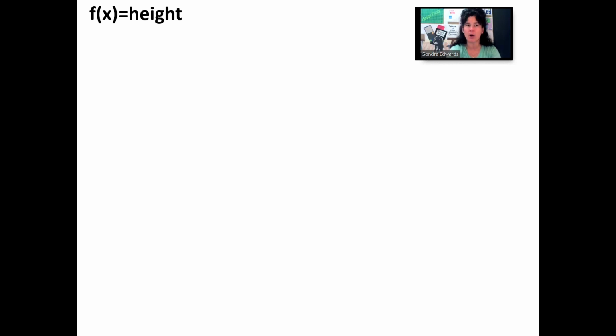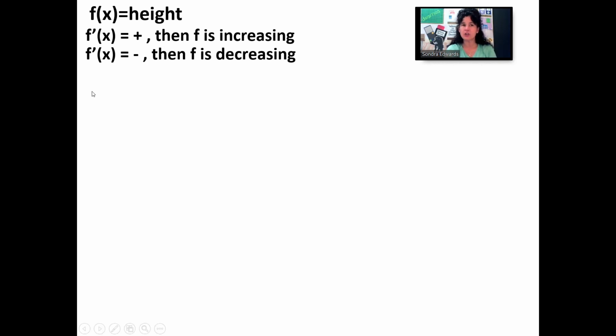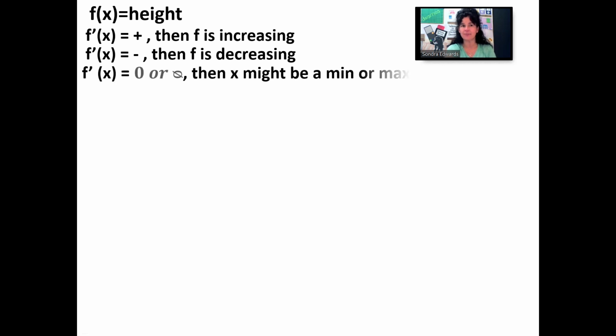You're plotting a point. If you substitute a number into the first derivative and you get a positive, that's telling you at that x value, your original function is going uphill. Your function is increasing. If you substitute a number into the first derivative and get a negative answer, that tells you that the original function is decreasing or going downhill.